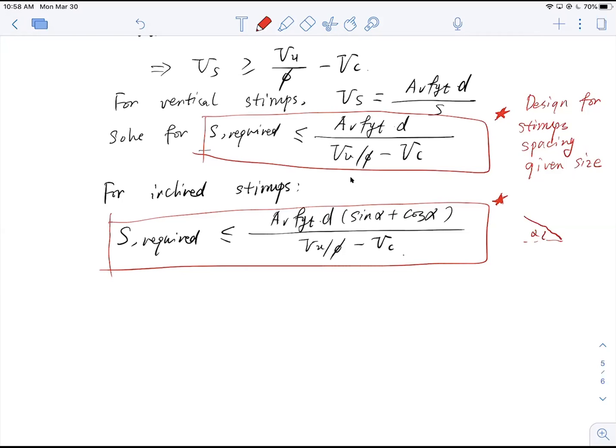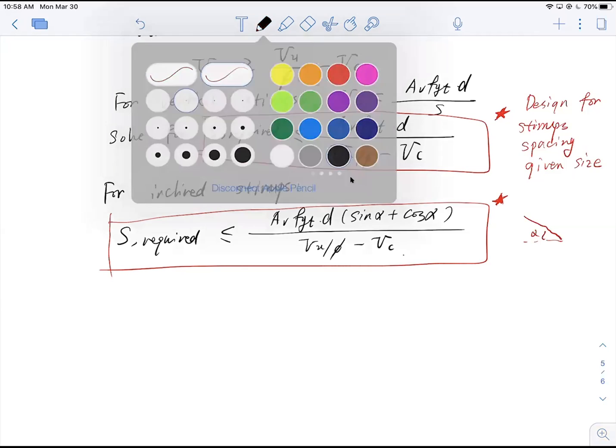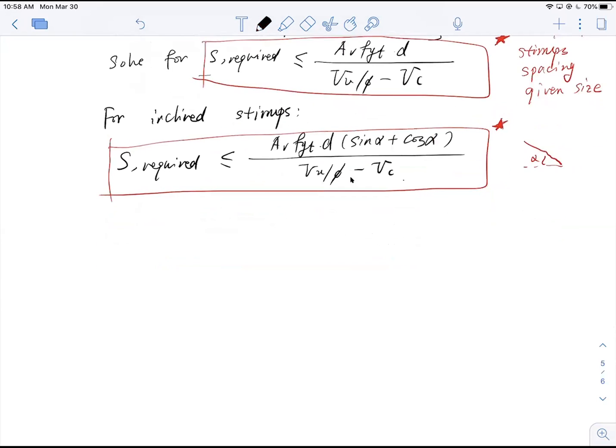However, there are also minimum requirements. What kind of minimum requirement? Now think of it. If I have a free body diagram, like the diagonal crack shown before, and I have stirrups spaced this way, even if I satisfy the spacing requirement, I still have a situation.